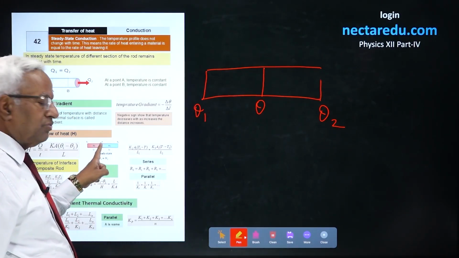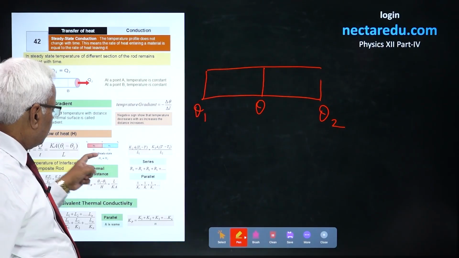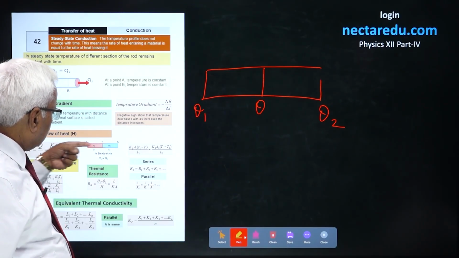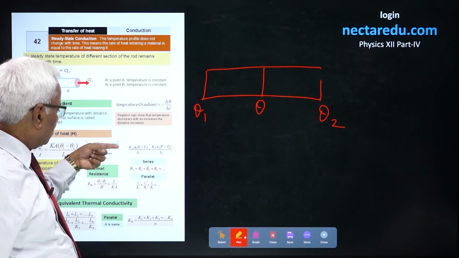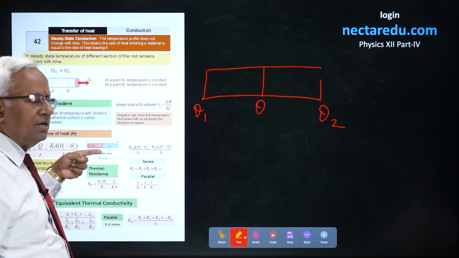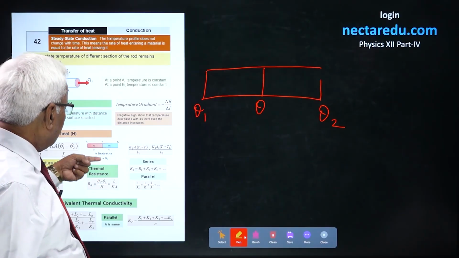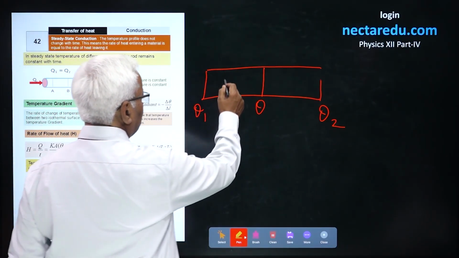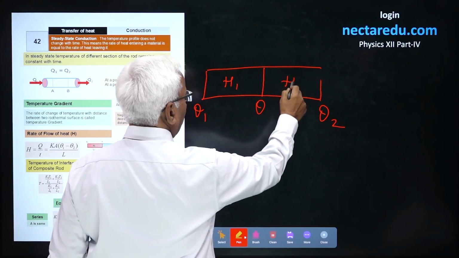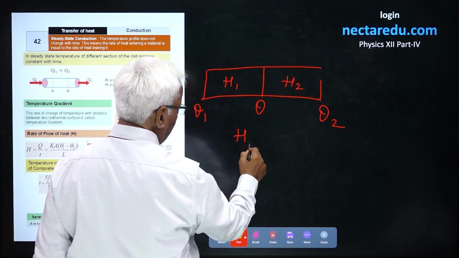Our aim is here to find the temperature of this interface. This is the thermal flow or rate of flow of heat. Here also H1 and H2 are representing the thermal current, you might say, and their lengths are L1, L2. Because in a steady state, you see the rate of flow of heat is always going to be equal.